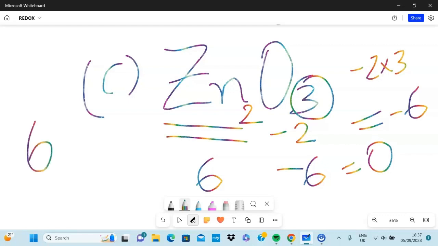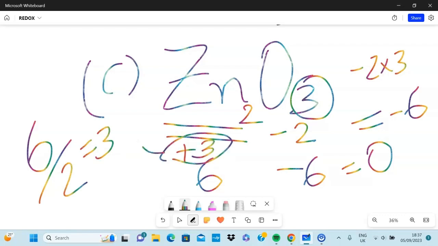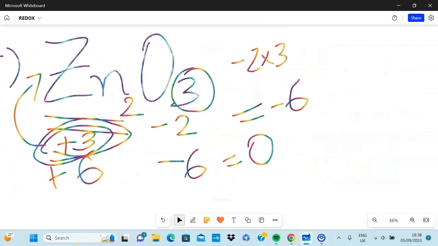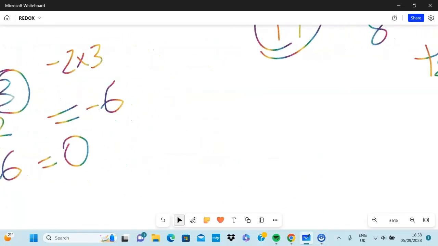So 6 divided by 2 is 3. So the oxidation number of Zn here would be plus 3. If the question asks what is the oxidation number of Zn, you will not say plus 6, you will say plus 3. Very tricky. The exam people are very much tricksters, but don't fall for that because you know chemistry better.